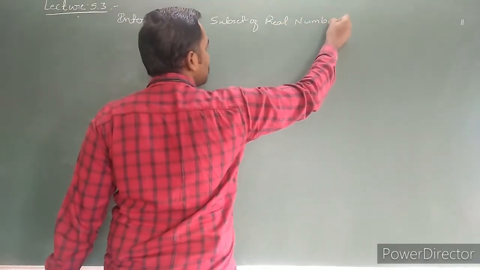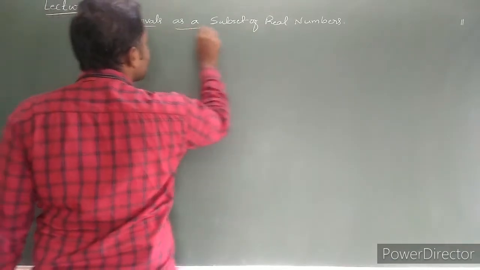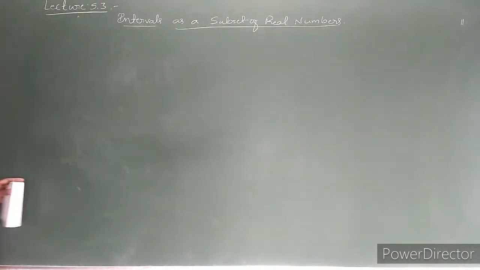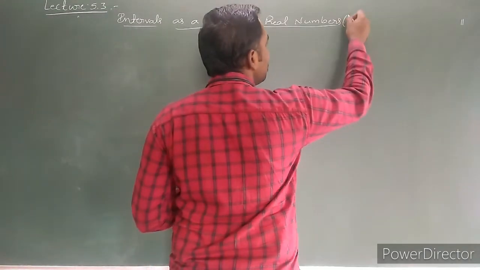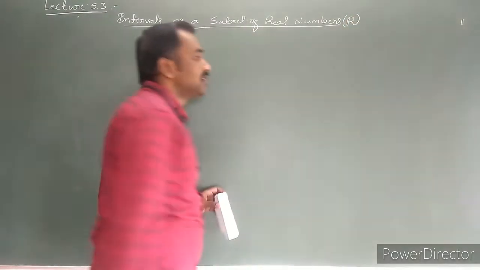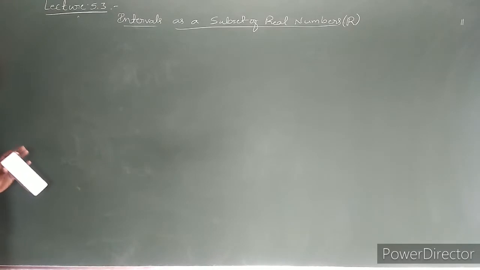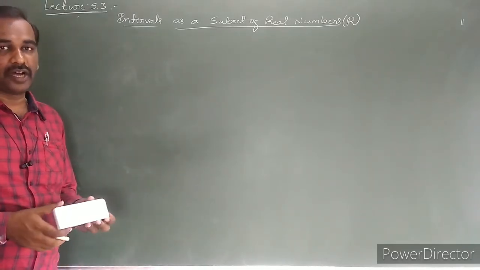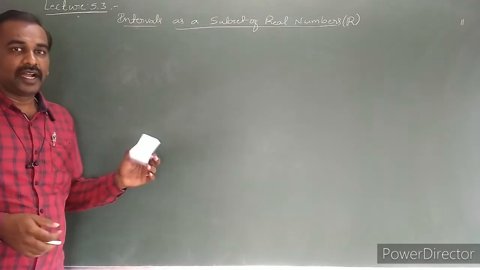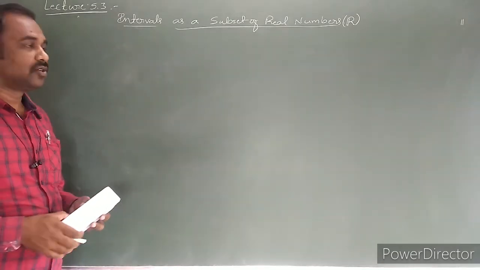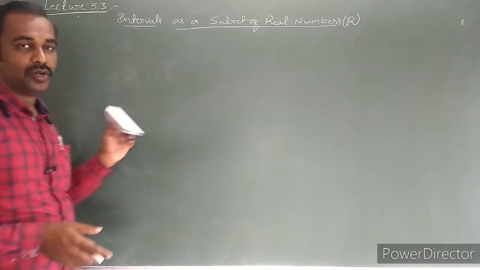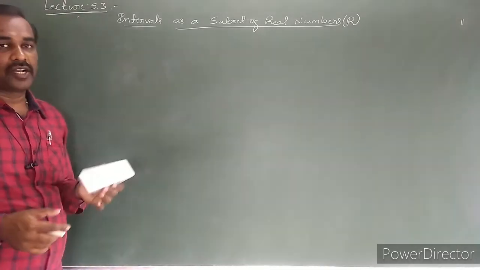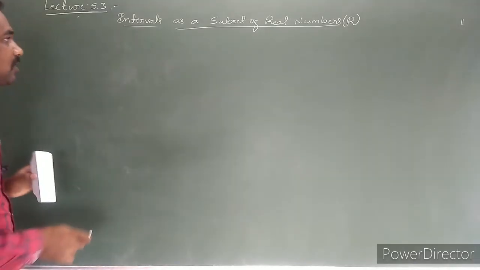Intervals are a subset of real numbers, and the real numbers are denoted by capital R. Previously we took intervals while discussing the domain and range of trigonometric functions: closed interval, open interval, the whole real number set. Now about intervals, we will get a clear picture here.